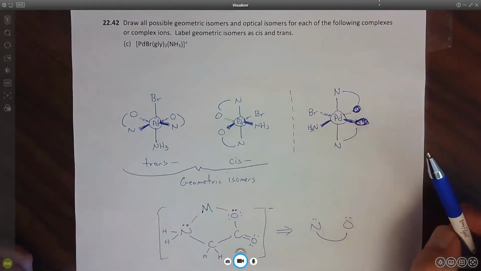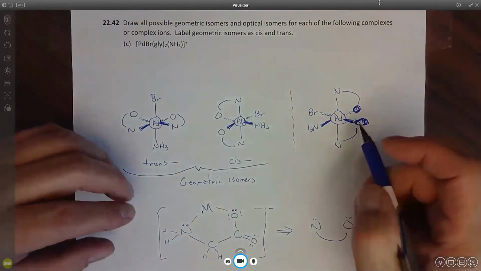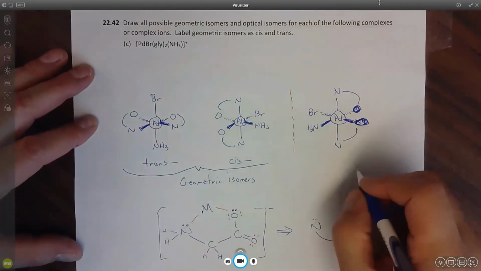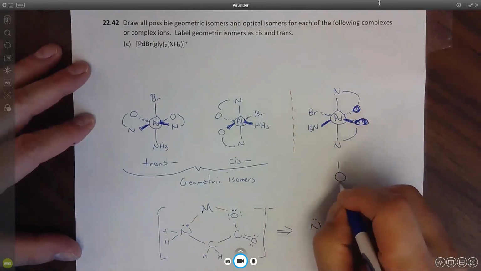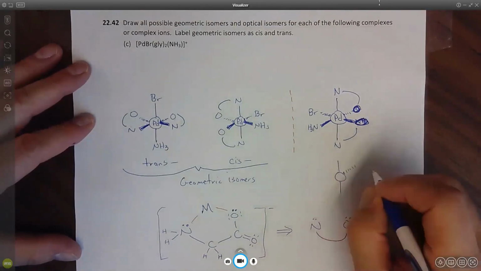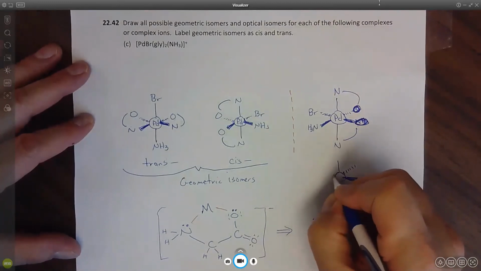So what else can we do? If I rotated that and did that, it would look like this. So this would be that first rotation. Let's just see what happens.